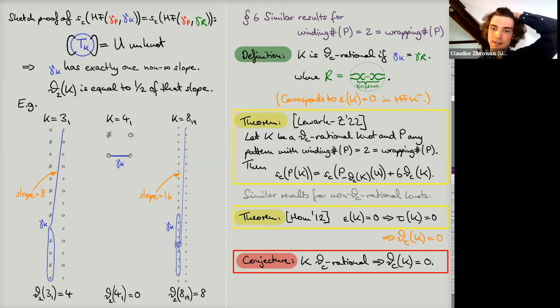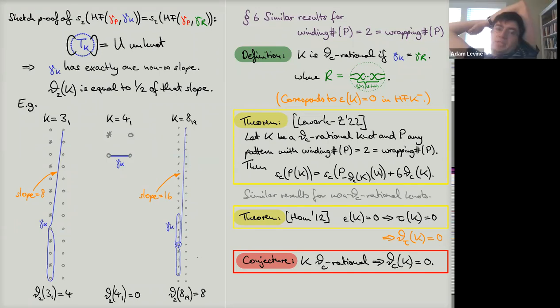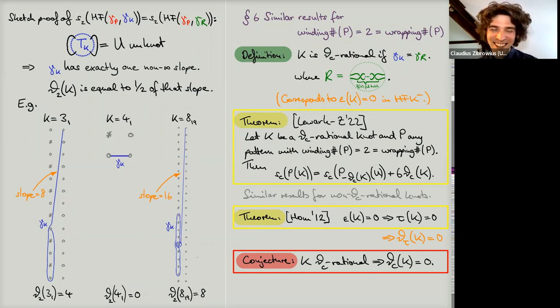Yeah, that's an interesting question, whether maybe the theta invariant of the Whitehead double is determined by S and theta. Does theta give a 4-genus bound? That's another interesting question.